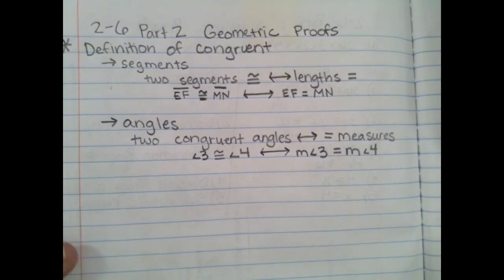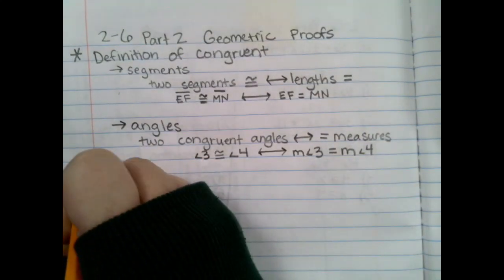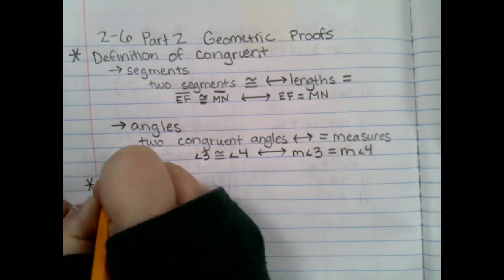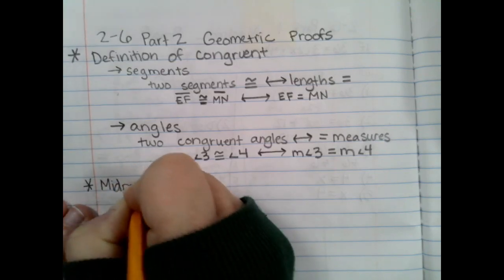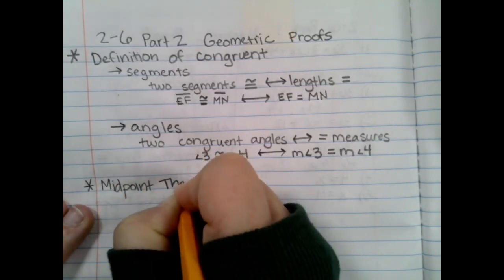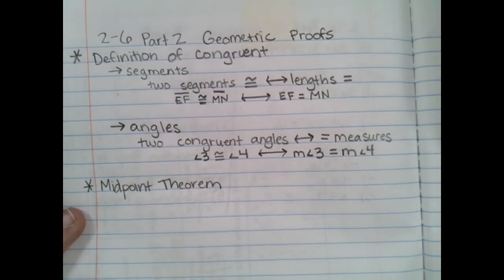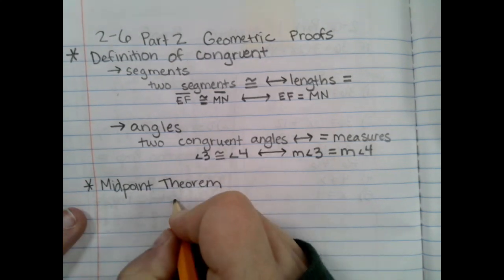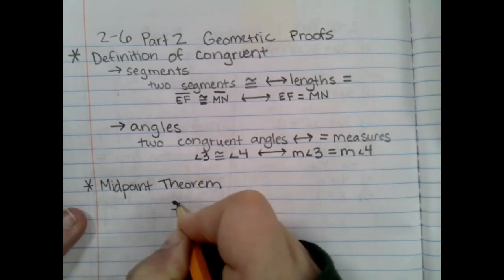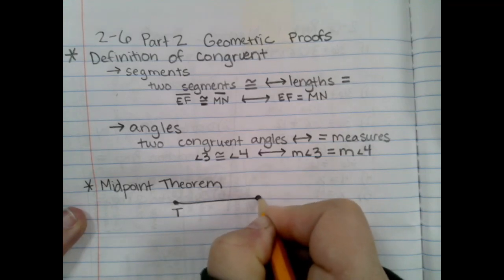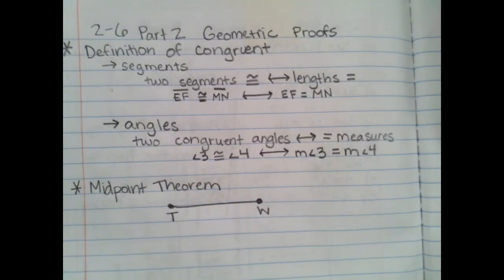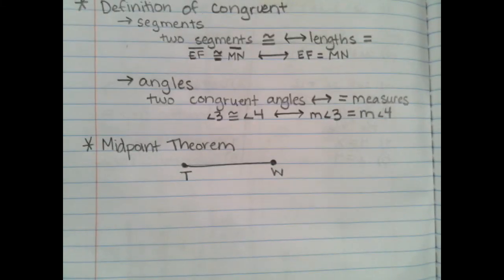All right, we have one more theorem that we're going to talk about today, and then we are going to just do one example. Okay, we have our midpoint theorem. So remember with a midpoint, if I have TW, it's a segment, and I want B to be the midpoint, where is B going to go for the midpoint?